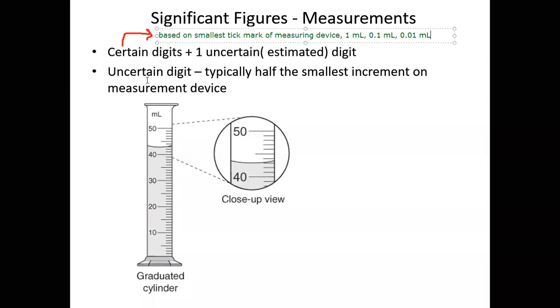And so the uncertain digit is typically half the smallest increment on your measuring device. So if your smallest increment on your measuring device is 1 milliliter, then your estimated digit would be in the tenths place. If your smallest tick mark is 0.1 milliliter, then the estimated digit would be in the hundredths place. So I'll make a little chart here.